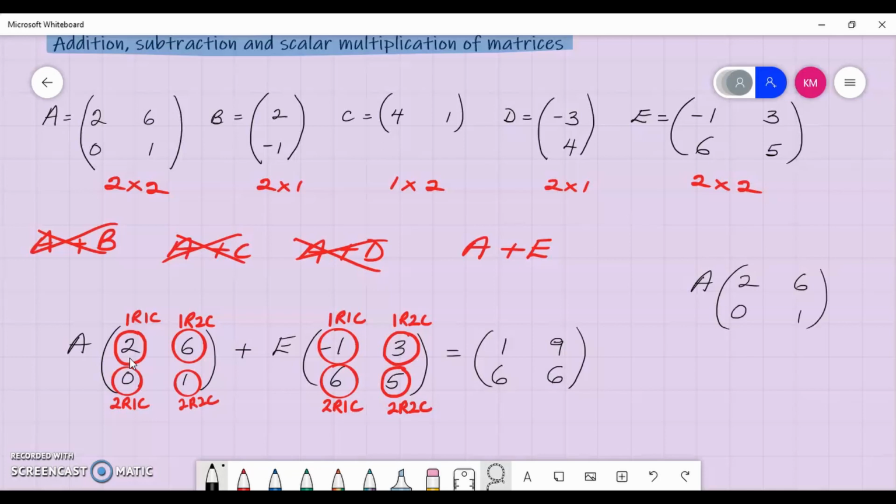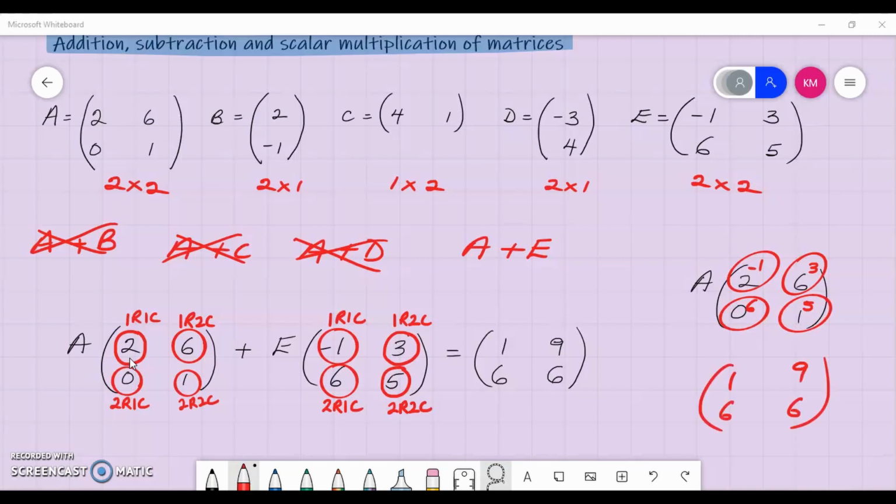And if we put E on top of this matrix A, I am going to get negative 1 lying here, 3 lying here, 6 here, and 5 here. So it means that these 2 numbers here need to be added as well as this, and this, and you are going to get your same answer.